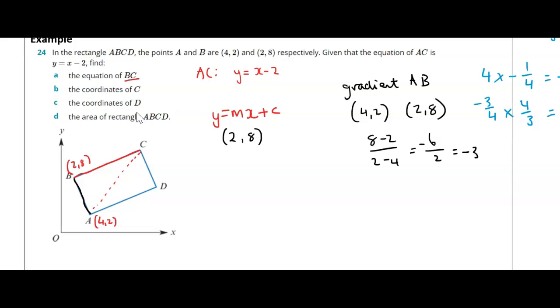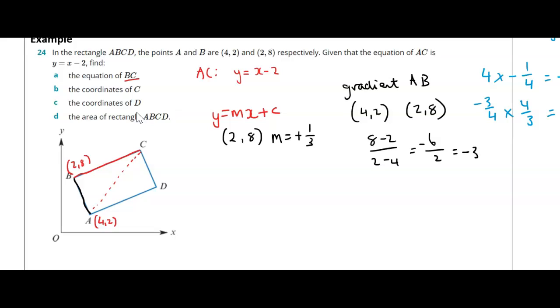Using your knowledge that BC is perpendicular to AB, the gradient of this line is the negative reciprocal of negative 3. We've already got this one negative, so it's going to be positive, and the reciprocal of 3 is 1/3. Usually we wouldn't write plus 1/3, but I just wanted to show you that this one was positive because the other gradient is negative.